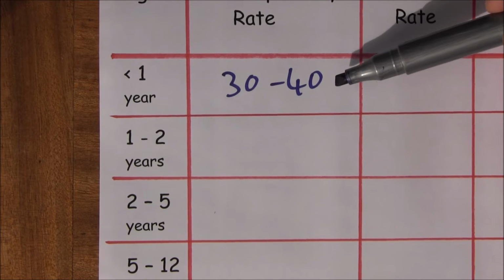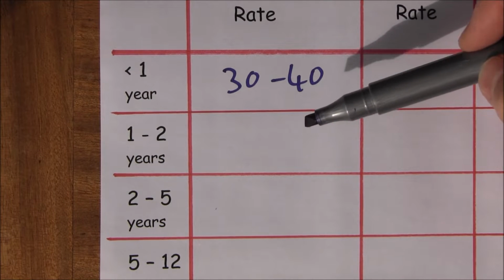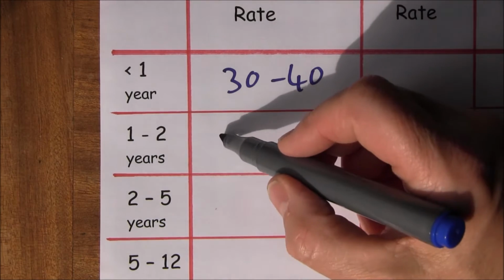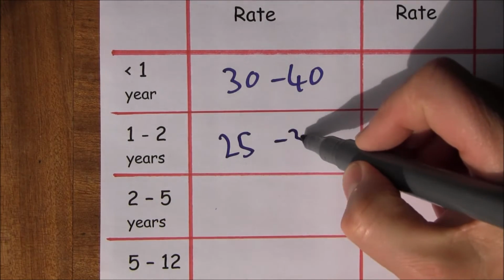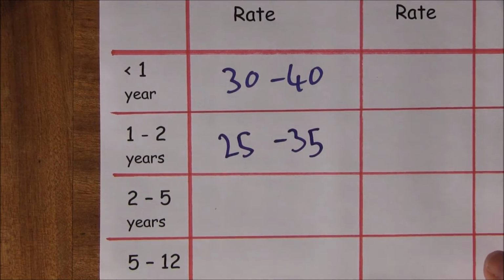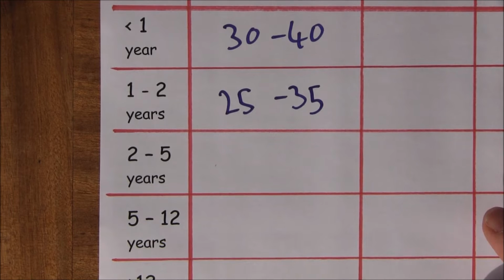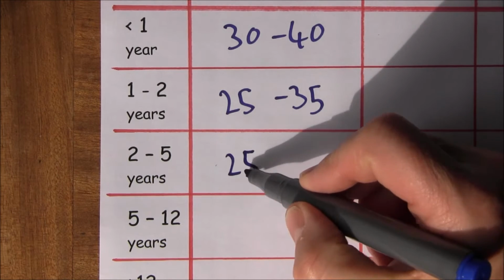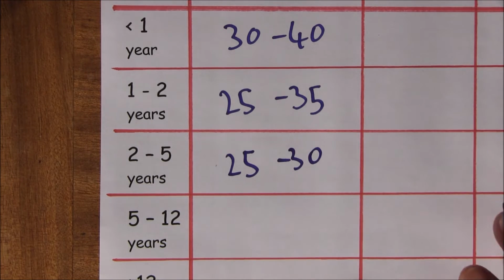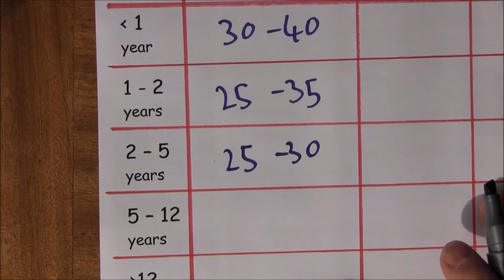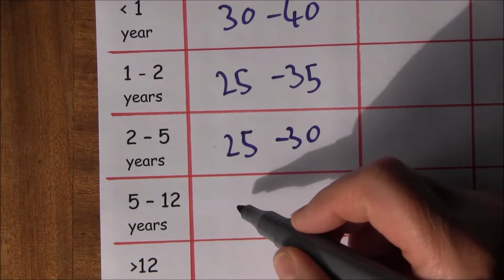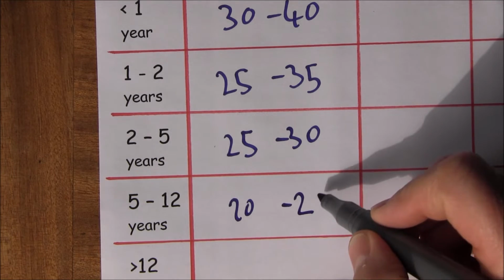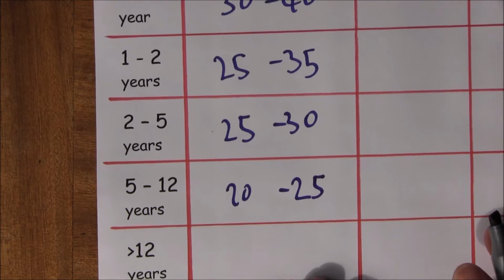So for 1 to 2 years, the normal figure would be 25 to 35. For 2 to 5 years, 25 to 30. For 5 to 12 years, 20 to 25 breaths per minute.